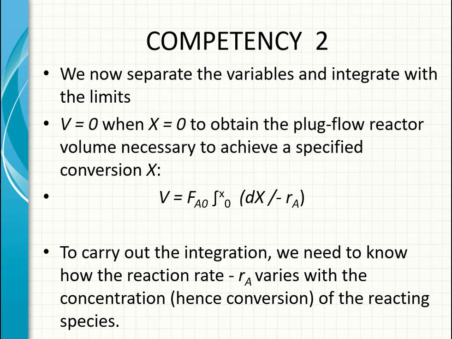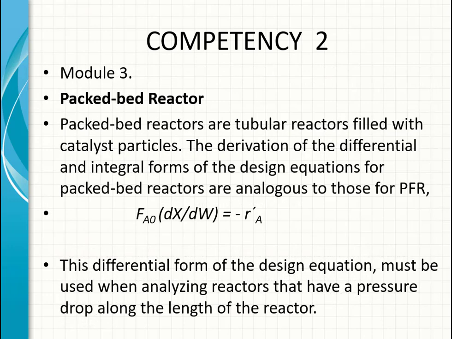To carry out the integration, we need to know how the reaction rate -ra varies with the concentration or conversion of the reacting species. And that's something that we will see later on.